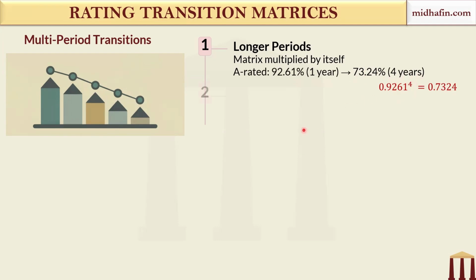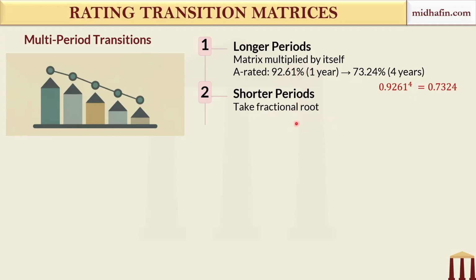Okay. Now for shorter periods, you simply take the fractional roots or the roots of the matrix. So again, let's discuss the same A rated firm, which had a 92.61% 1 year stability probability of staying A after 1 year.